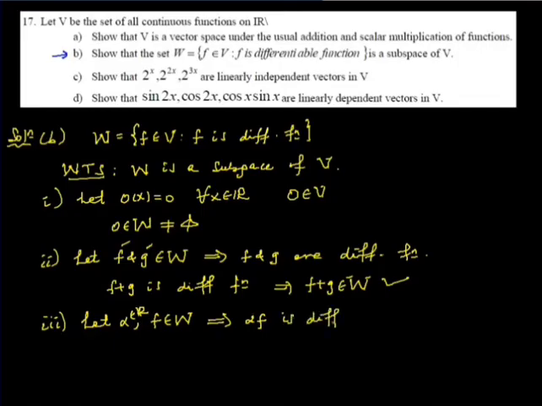Okay, f differentiable ከሆነ በማንኛውም ቁጥር ብናበዛው differentiable ነው ማለት ነው. Therefore alpha times f is an element of W እያለን ነው ማለት ነው. So since all the three properties are satisfied, W is a subspace of V እንላለን.